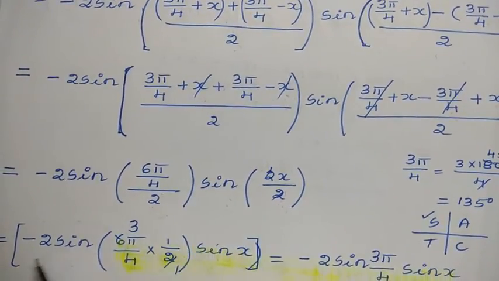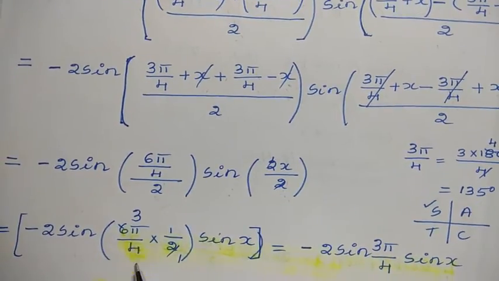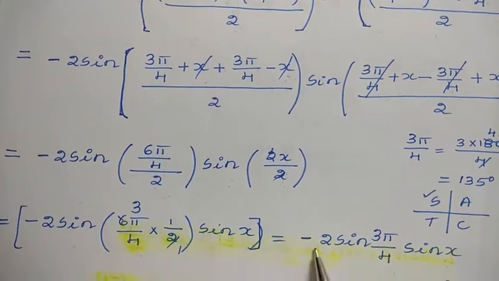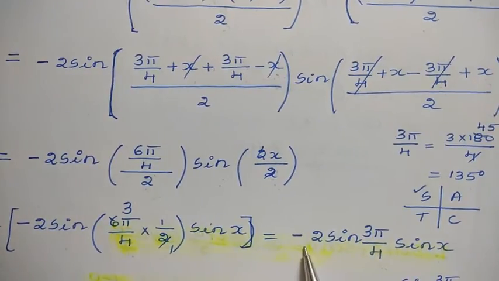Then 6 by 4 divided by 2 becomes 3 by 4, so here we get sin 3 pi by 4, then here the 2 gets cancelled and we get sin x. Then again we get the value minus 2 sin 3 pi by 4 sin x.